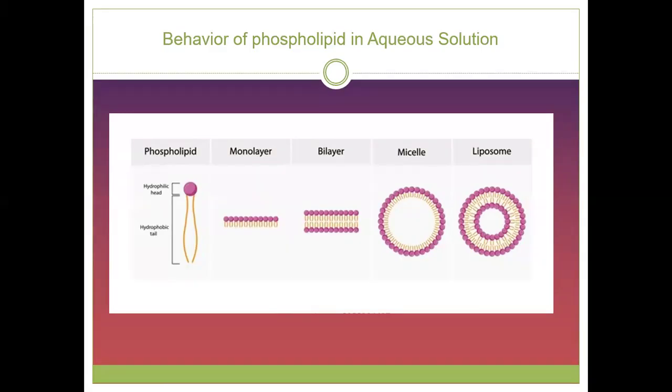Now we give an example of red blood cells where the outer layer contains phosphatidylcholine and sphingomyelin. So mostly you would only see phosphatidylcholine and sphingomyelin in the outer layer of red blood cells, while the inner layer contains phosphatidylserine and phosphatidylethanolamine. This is basically what you will see.